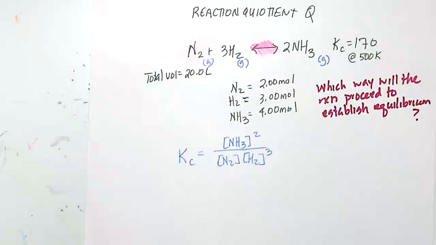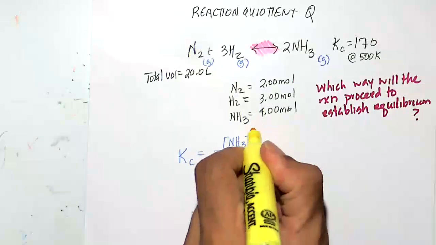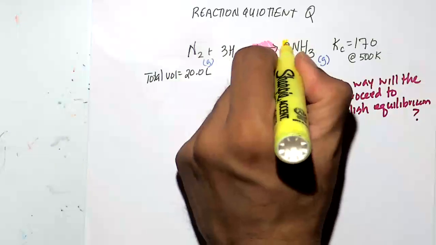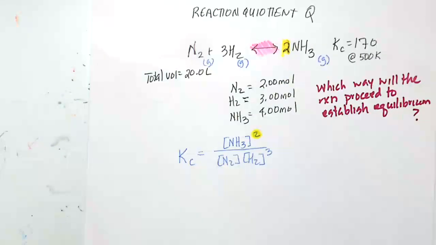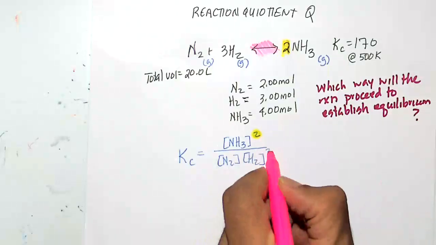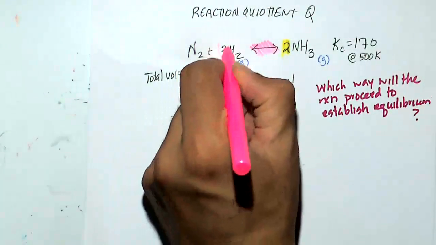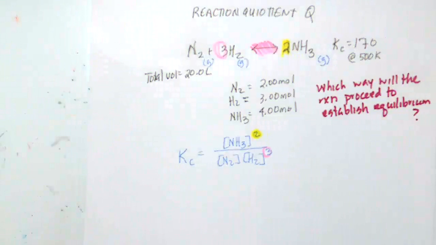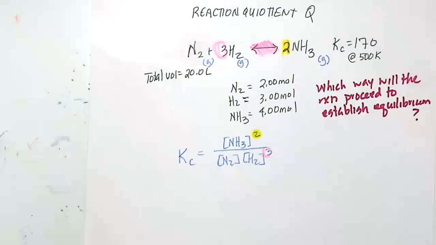So you guys are comfortable knowing why this is squared? Because of that coefficient. And why is this cubed? Because of that coefficient in the balanced chemical equation.